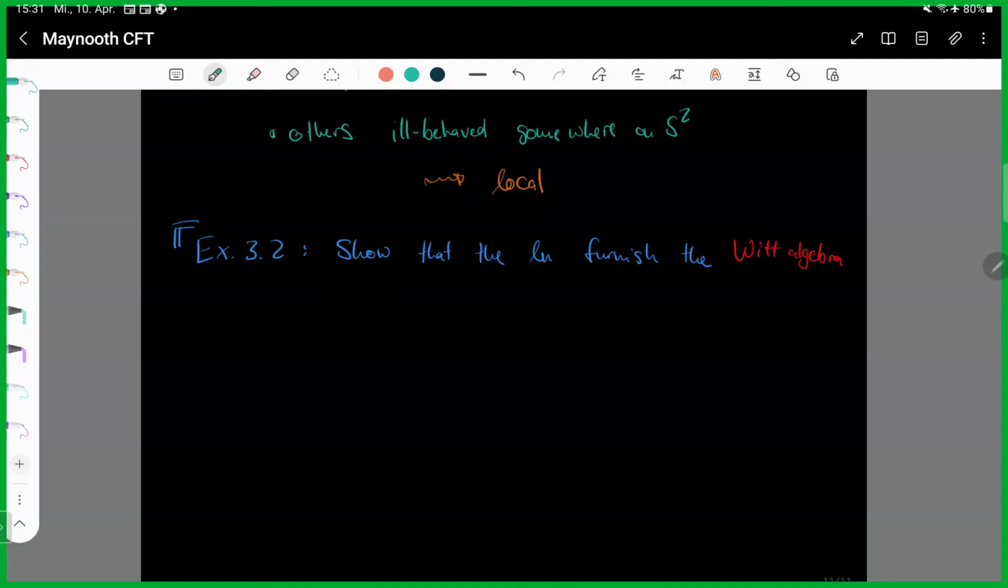So the Witt algebra is [Ln, Lm] equals (n minus m) L(n plus m), where n and m are integers.